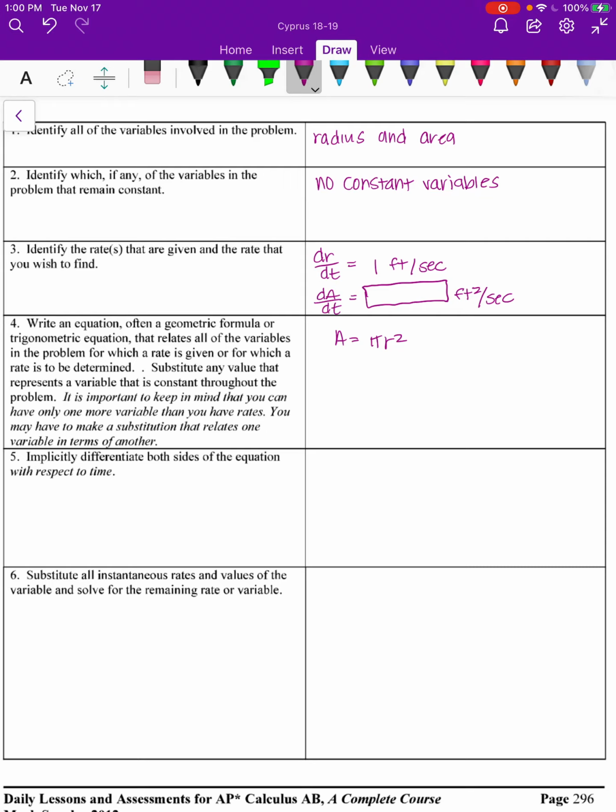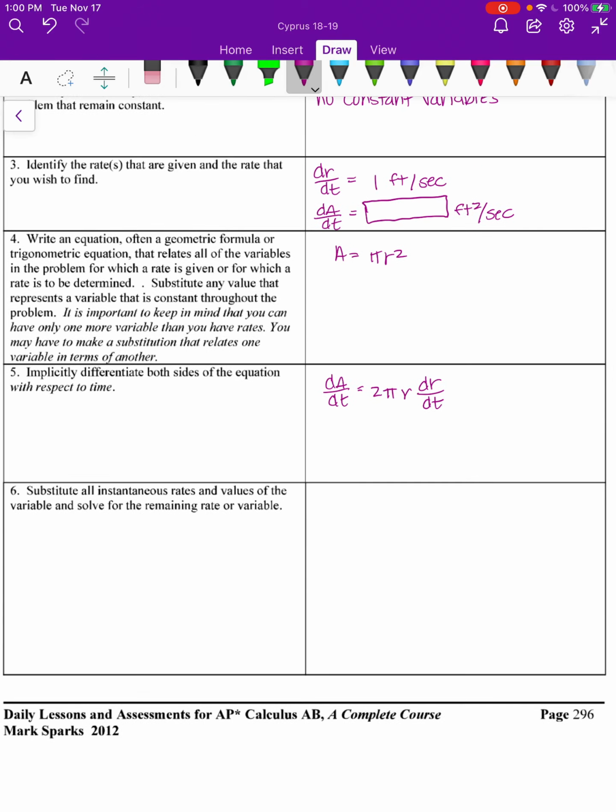So now we just have to take the derivative of both sides here. The derivative of A is 1 dA/dt. I'm just going to write dA/dt. The derivative of pi r squared, bring that 2 out front to get 2 pi r times dr/dt. Substitute all the information we know. We're looking for dA/dt.